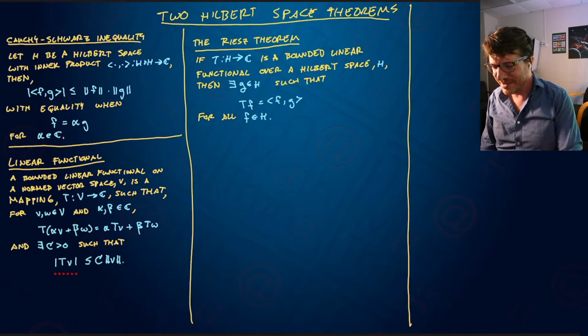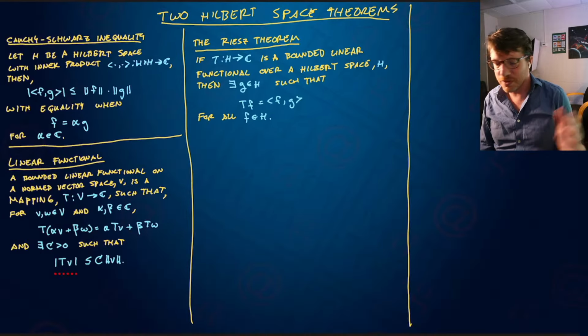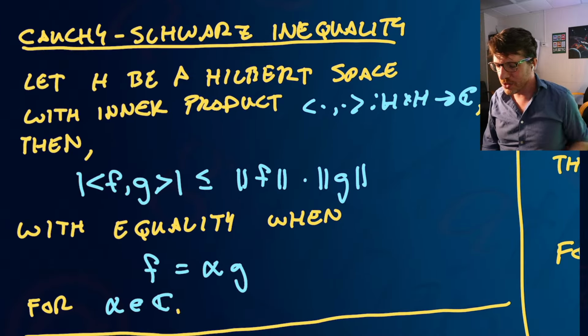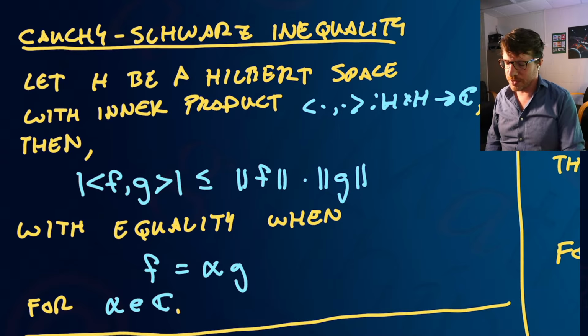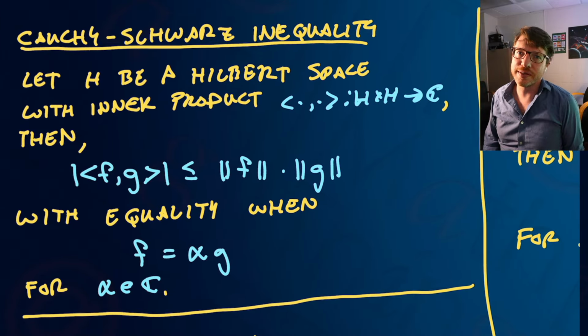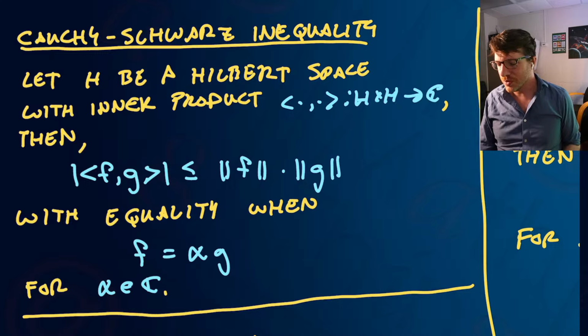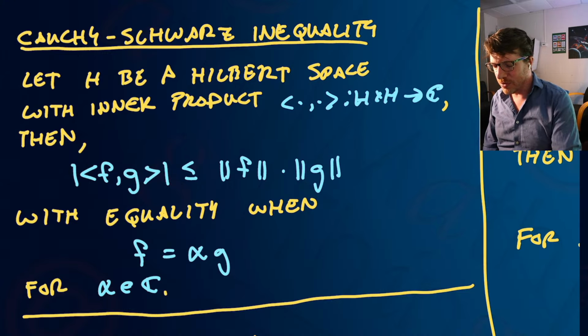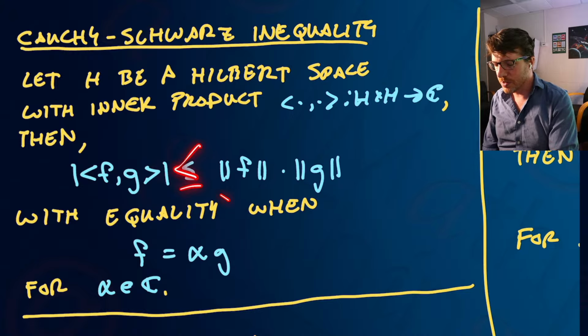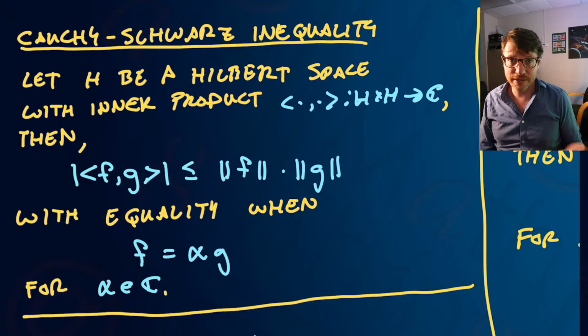Anyway, here we have two theorems from Hilbert space theory we're going to need. One is the Cauchy-Schwarz inequality. This one comes up quite a lot, and it's basically how you navigate around with inner products. It turns out that the absolute value of the inner product of f and g is less than or equal to the product of the norms.